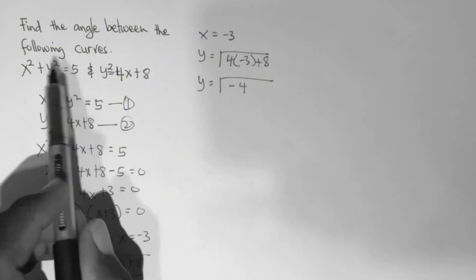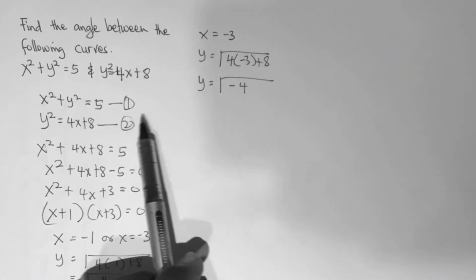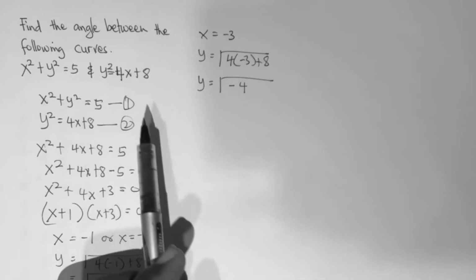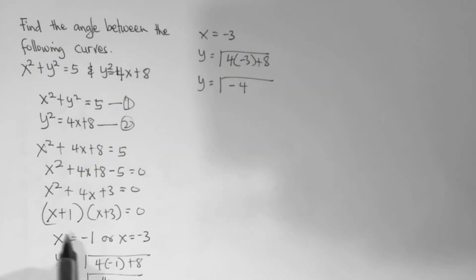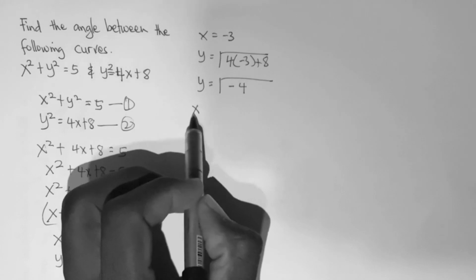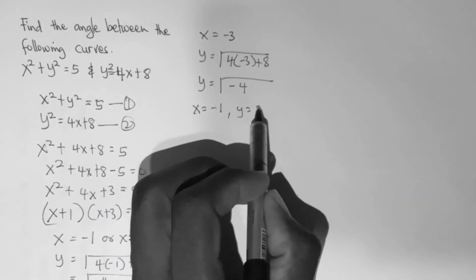But we know that the angle we are supposed to get is supposed to be a real angle and not an imaginary angle. And therefore, the solution of x equals minus 3, we will throw it away. So x is only equal to minus 1, as y is equal to 2.